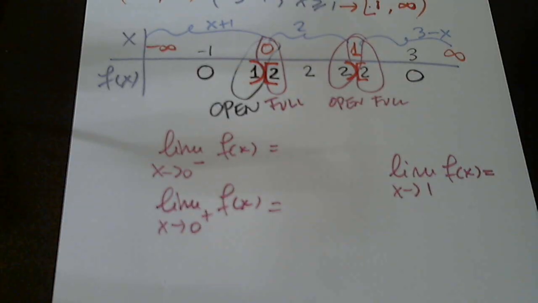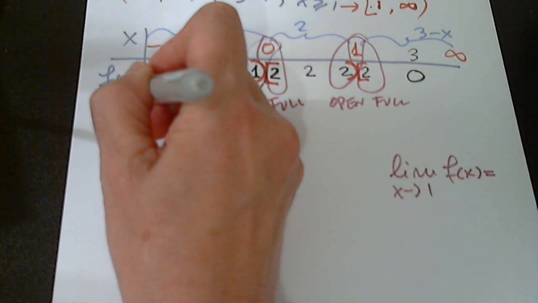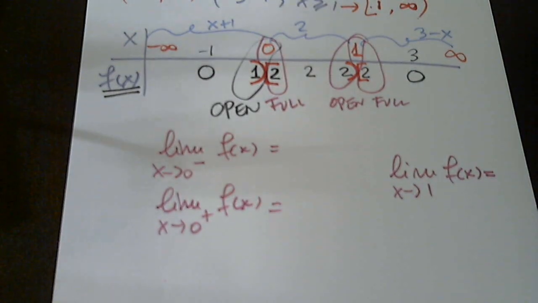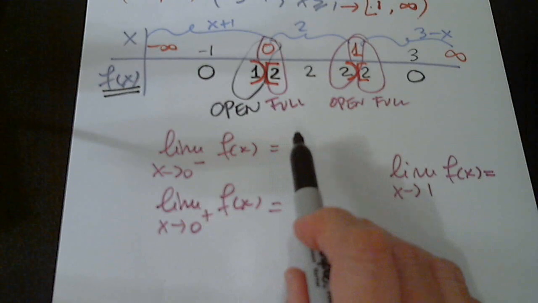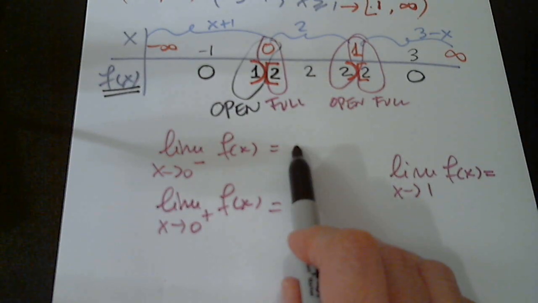Yes. Would that be 0? So the function values are y. The tendency is y. So the limit of f of x as x approaches 0 from the left. Do we have -1?